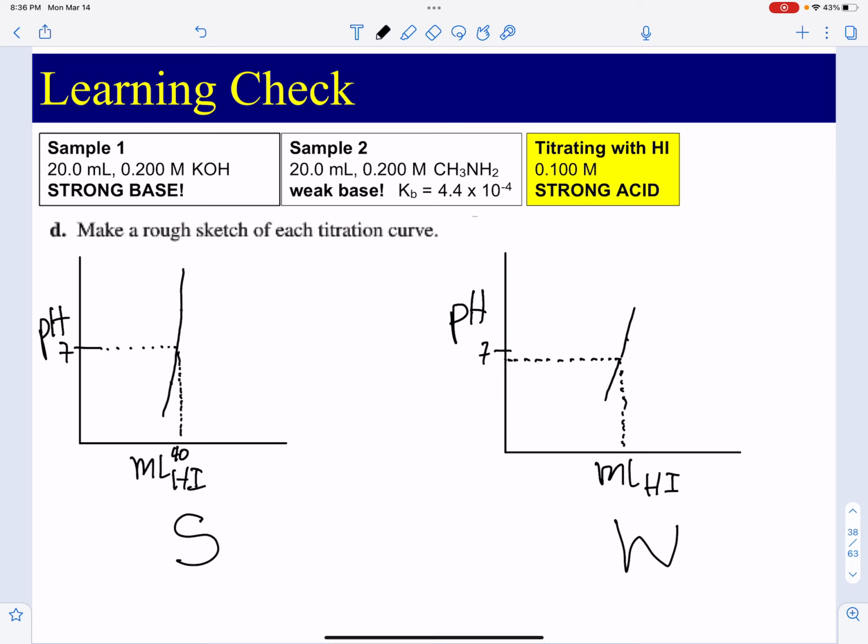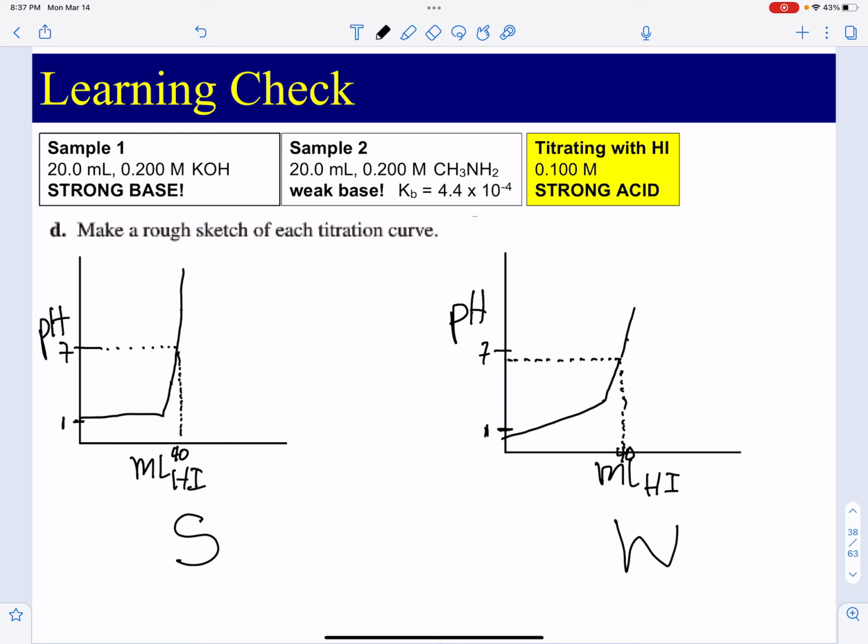So the volume required for the equivalence point is going to be 40 milliliters. And we also know that the weak base has the lower initial pH. I'm just making these numbers up, so don't give too much credit to the number, just to the relative. So this one is going to be a lower pH than this one.